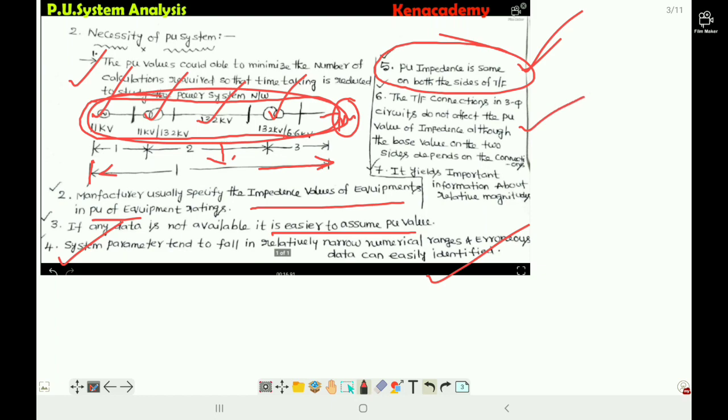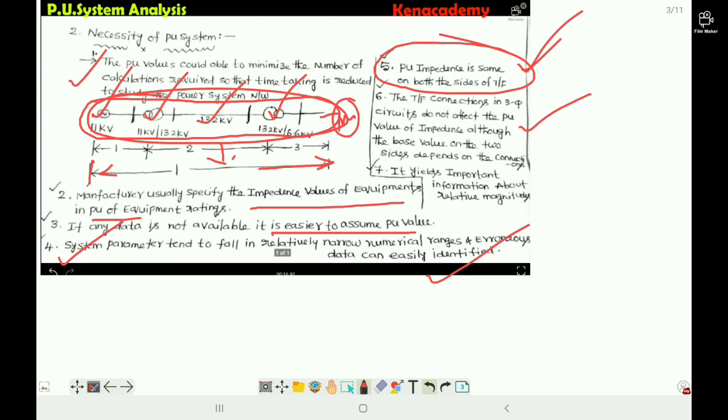Next, this is also an important point. We know that in a three-phase transformer, so many connections are there: star-star without ground, star-star with grounding, delta star, star delta, star zigzag star, delta zigzag star. Like that, so many connections are there. Point to remember, the per unit value of impedance is independent of the type of connection, even though base values depend on the type of connection.